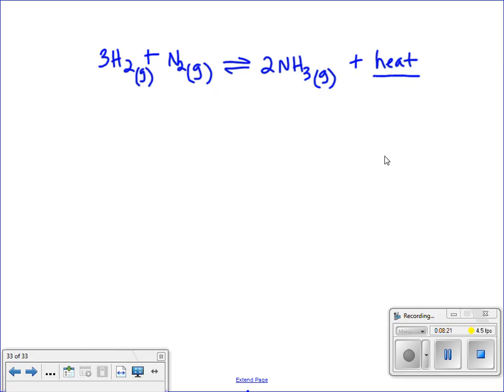Okay, the final is pressure. So pressure is based off of the moles of gas.